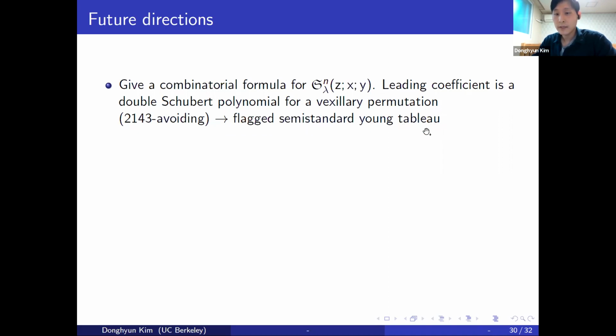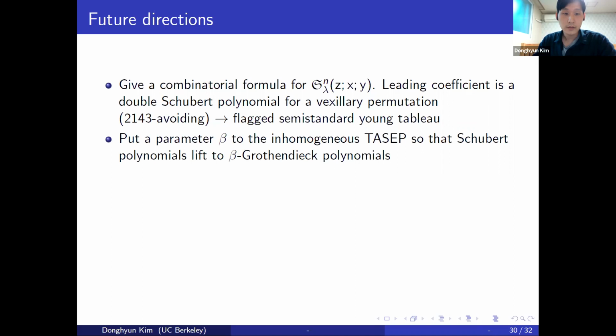So hopefully, if we can express this Z Schubert polynomial as a weighted sum over flagged semi-standard Young tableaux, that would be very nice. And also, we can hope to put beta parameters in the inhomogeneous TASEP so that the Schubert polynomials that we see lift to Grothendieck polynomials.